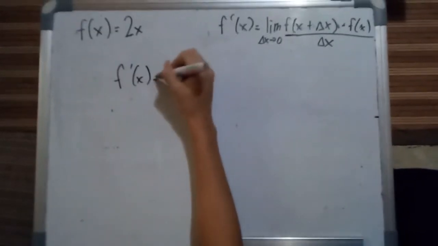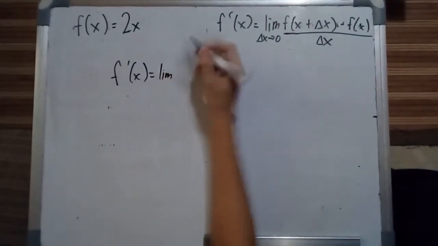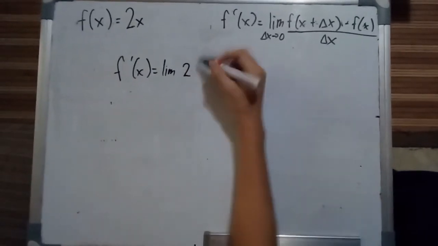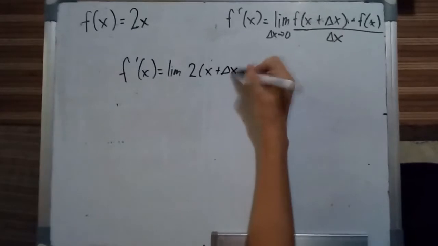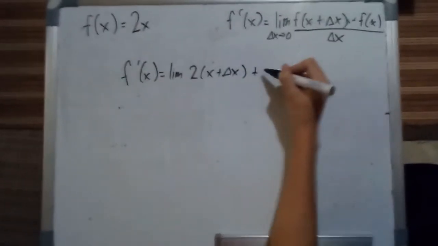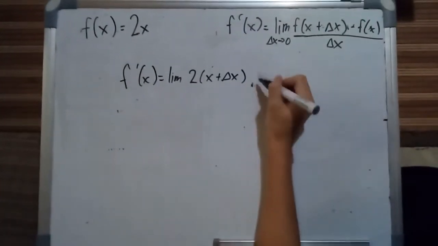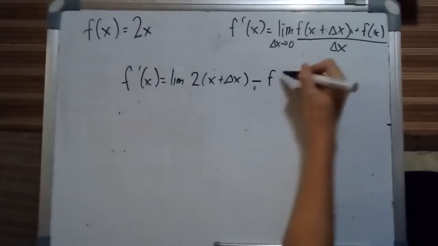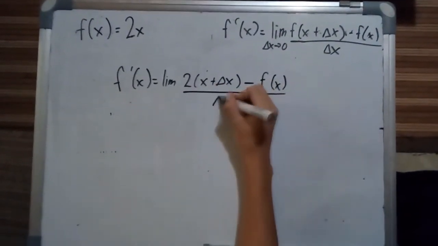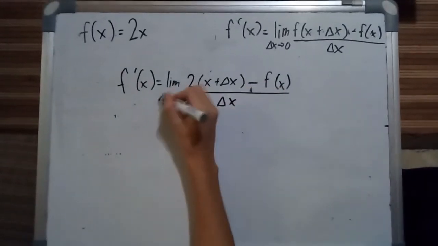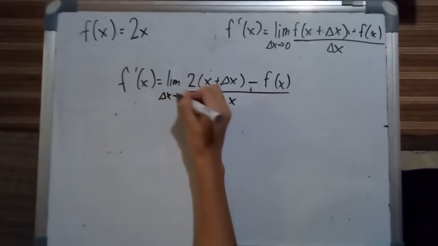So f prime of x is equal to the limit of 2 times the quantity x plus delta x minus f of x, all over delta x, as delta x approaches 0.